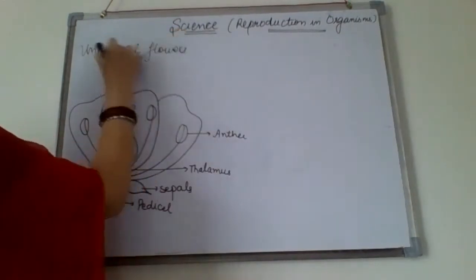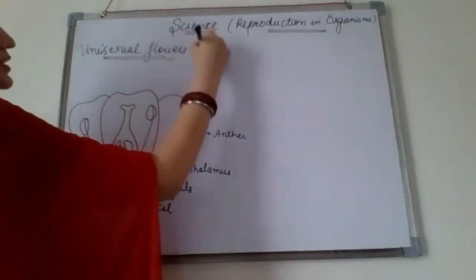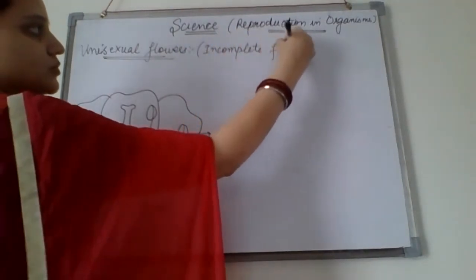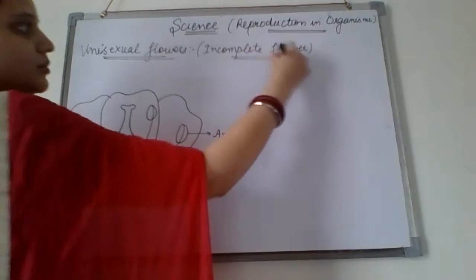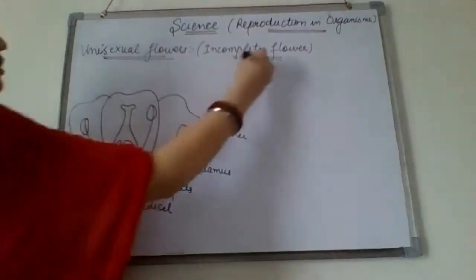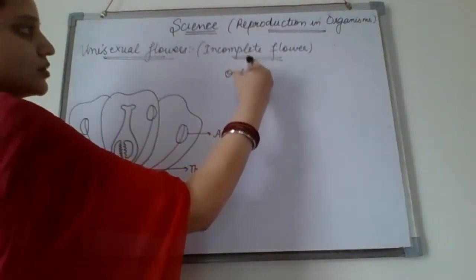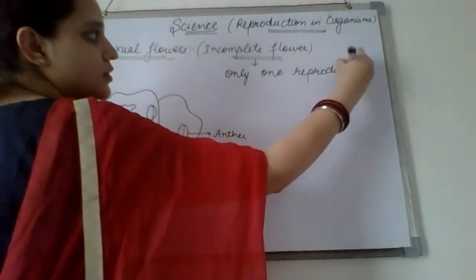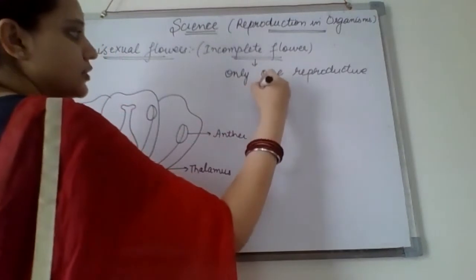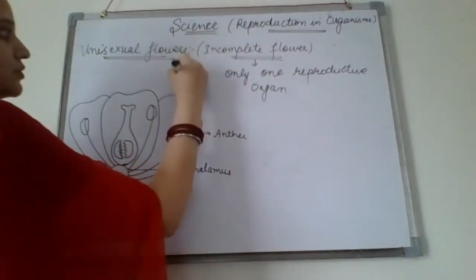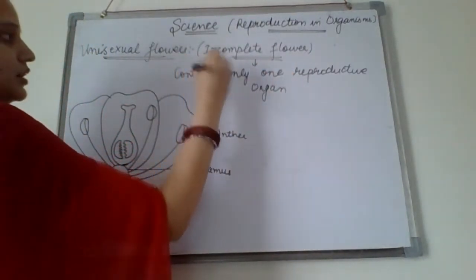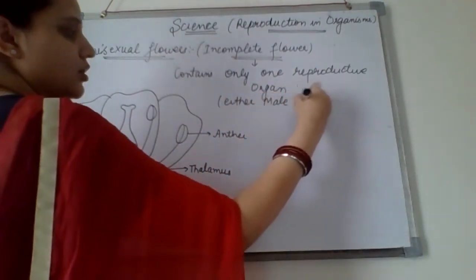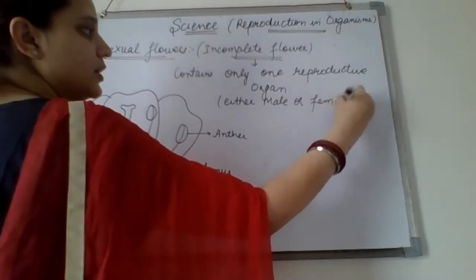Unisexual flowers, which we also call incomplete flowers, because such flowers contain only one reproductive organ, one meaning either the male part or the female part.